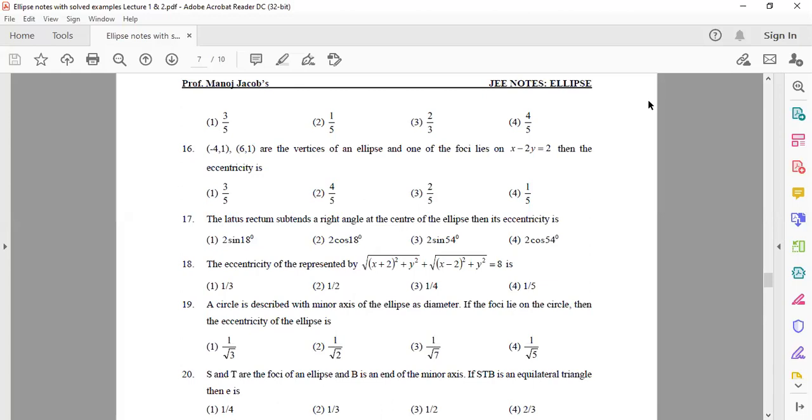(-4,1) and (6,1) are the vertices of an ellipse, and one of the foci lies on the line x minus 2y equal to 1. Then find the eccentricity. How to do this problem?